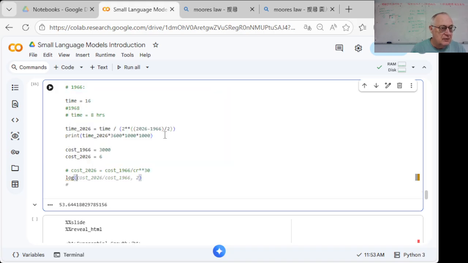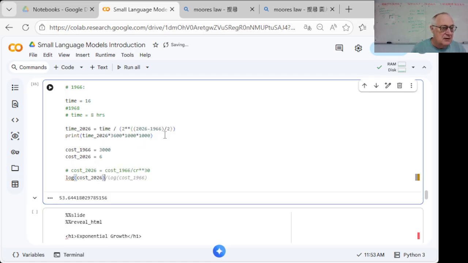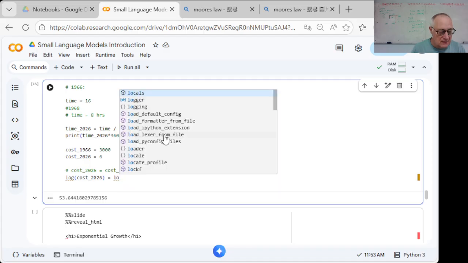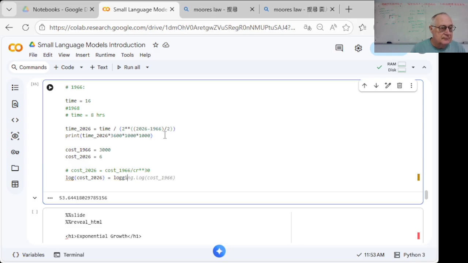So that means the logarithm of cost 2026 is equal to the logarithm of cost 1966 divided by CR to the power of 30.